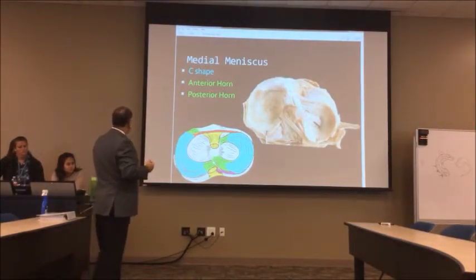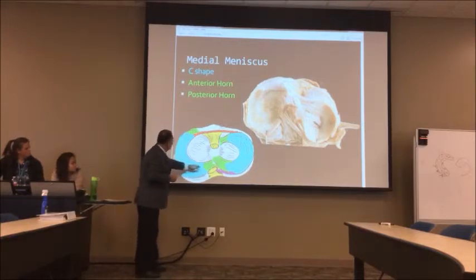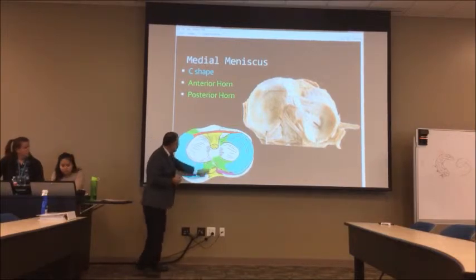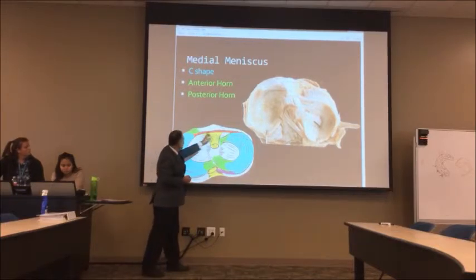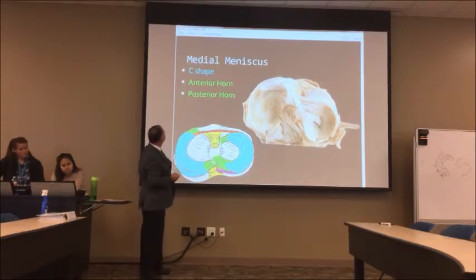So the medial meniscus, as seen here, is going to be more open, like a C shape. It's going to have an anterior horn, the body, and the posterior horn. You're going to have the transverse ligament, and you're going to have all the attachments, the radiate ligament.